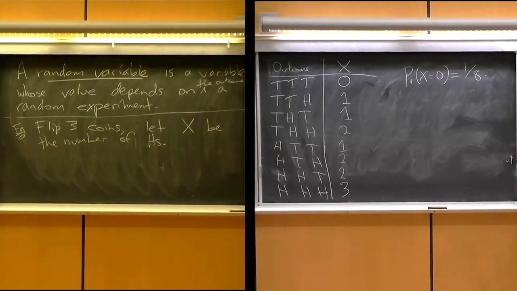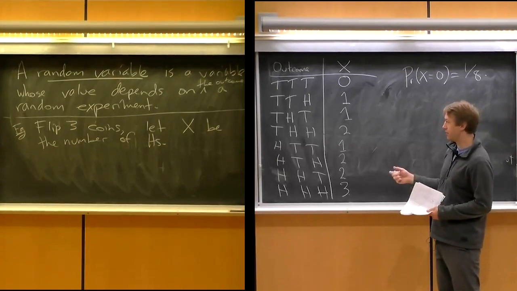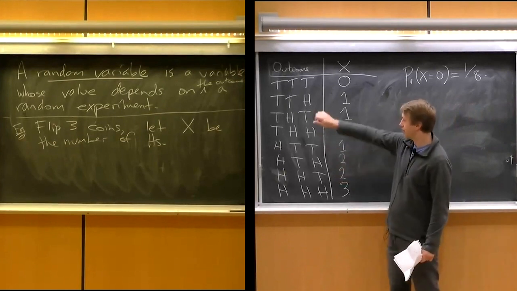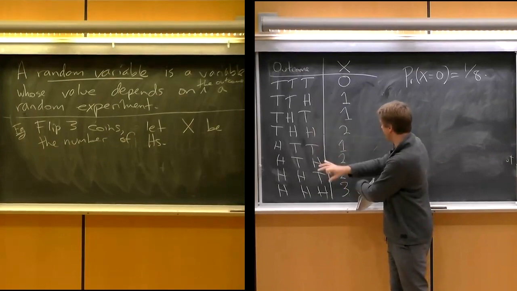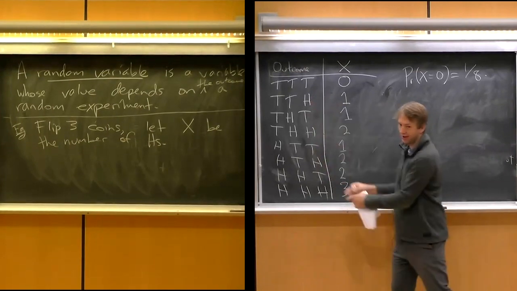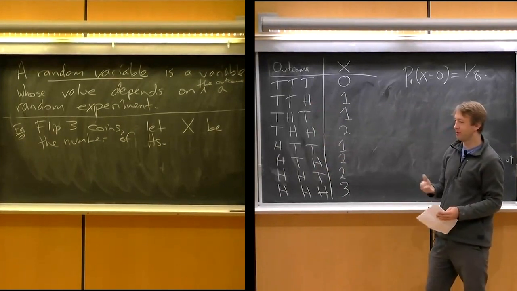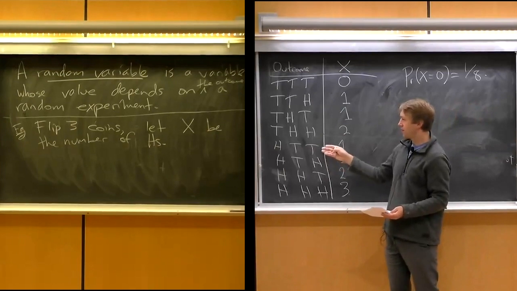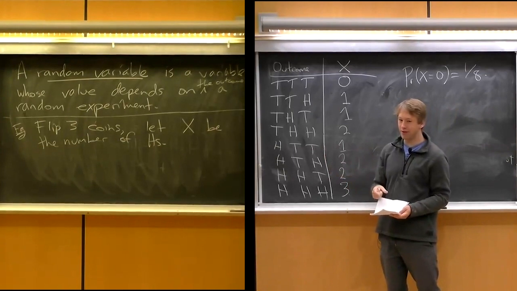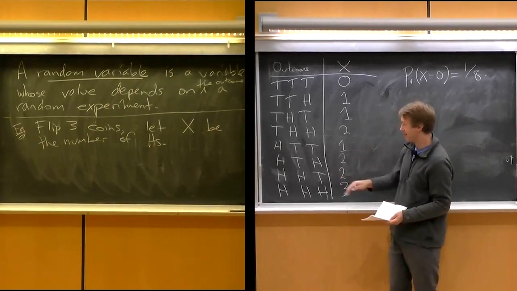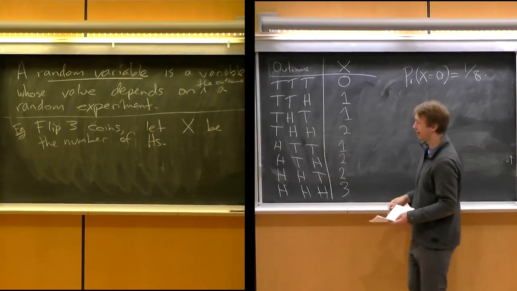Yeah, that's a good question. The thing is, if I group these all together as the event that you get 1 head, and say that's one outcome equally likely to this one, that would give you the wrong probability in some sense. The probability of getting no heads is different than the probability of getting 1 head.